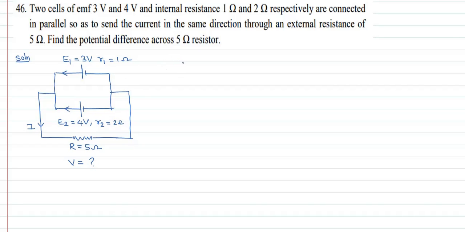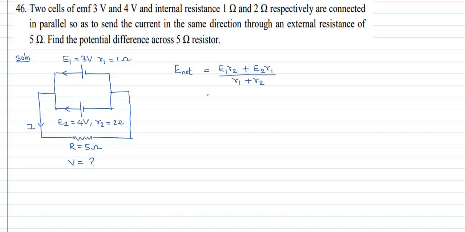So first I will find effective EMF. I will write it as E, or you can say E net. Effective EMF is given by E1 R2 plus E2 R1 divided by R1 plus R2.